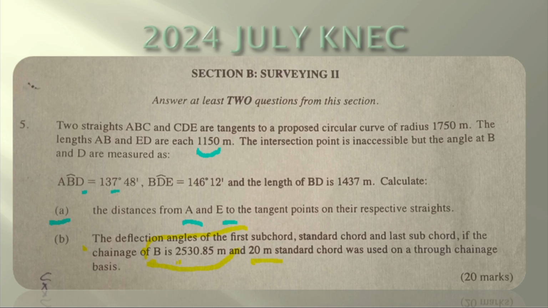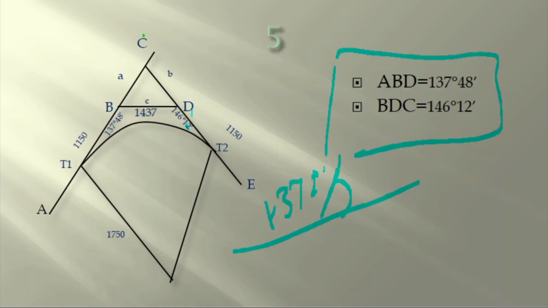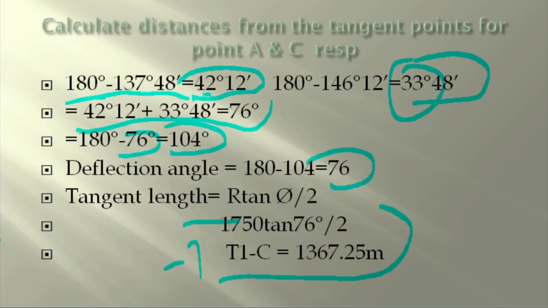First of all, let us look at this diagram. Here we have been given the chainage at B. That means in order to get the chainage at A, I'll need to subtract this small distance here, that is distance T1 to B, which we have already calculated.